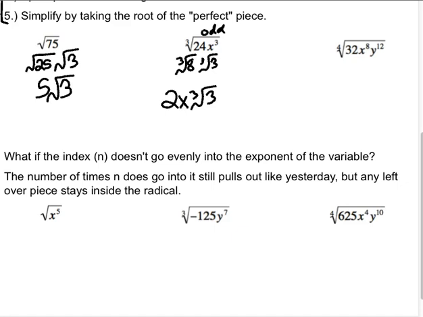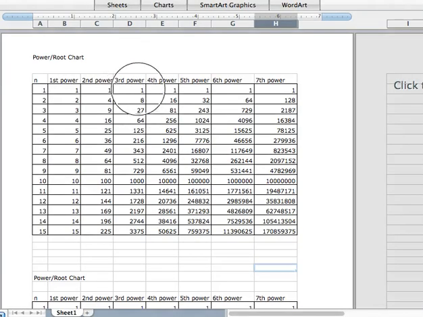Let's move on to our next one. This one is even. So now I do have to worry about that absolute value. After I take care of pulling everything out that I can, I'm going to slap the absolute value on and see where it is needed, where it is not needed. So this time we're dealing with a fourth root and with 32. So I'm going to go to my chart.